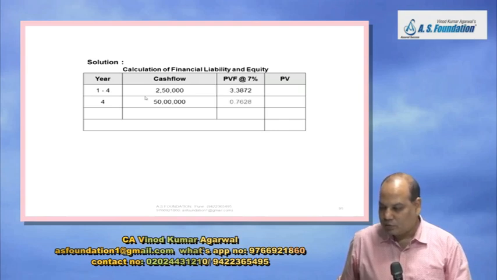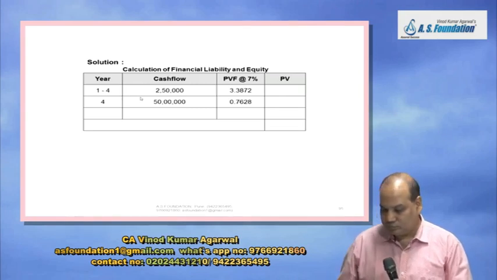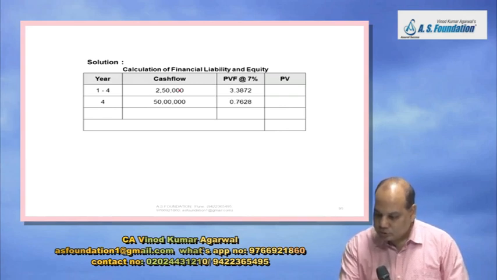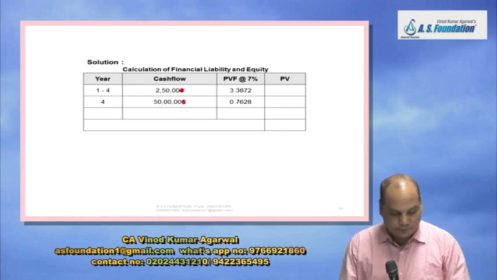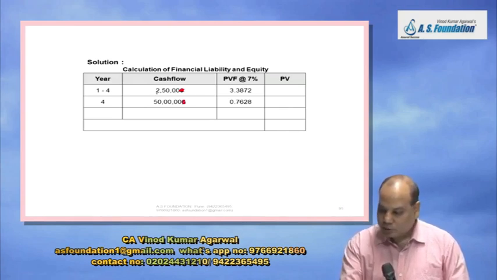What is the cash flow you have written for years 1 to 4? 25,000. And what is the redemption value you have written? 5 lakh. Now tell me 25,000 into what factor have you written? 3.3872, multiply, 84.